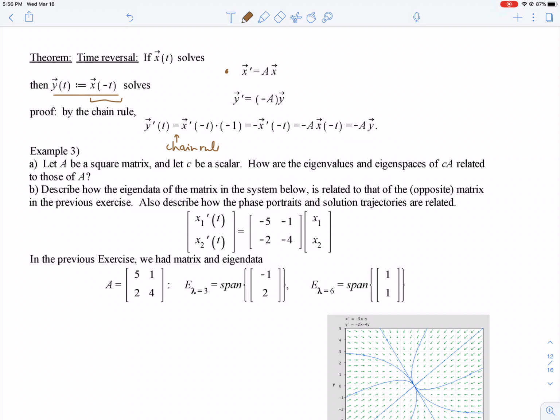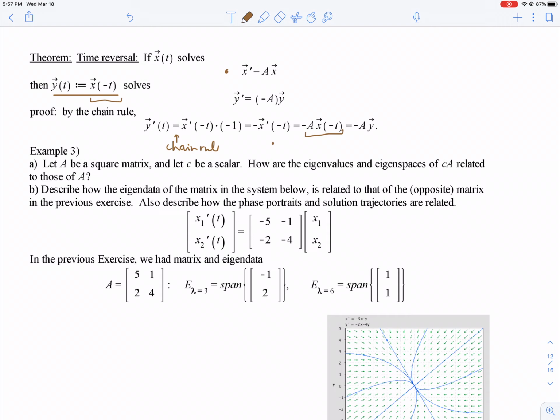Okay, but this can be rewritten as minus x prime of minus t. x prime at any value is A times x at that value. That's what the first differential equation said. So x prime at minus t is just A times x at that same t value.